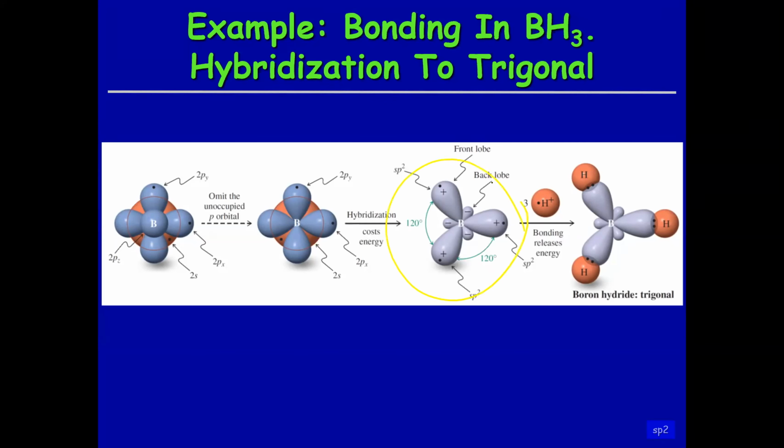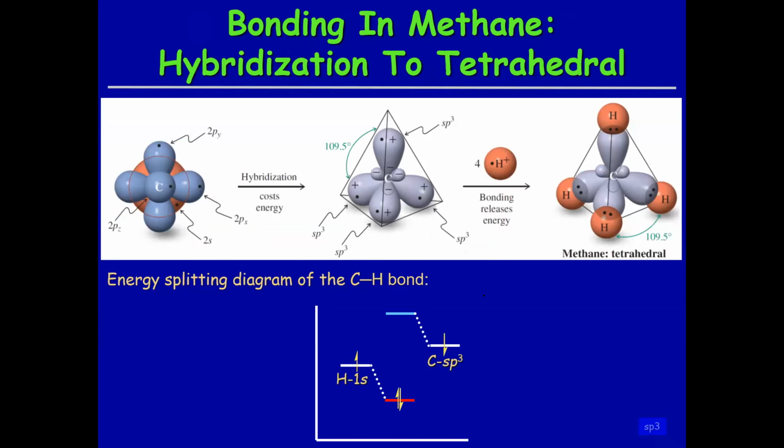Realize again, it's the same thing as before. Pluses will interact with the pluses, minuses will interact with the minuses. And this will give you three lobes where there can be overlap with the hydrogen. In the case of methane, same thing. Yes?